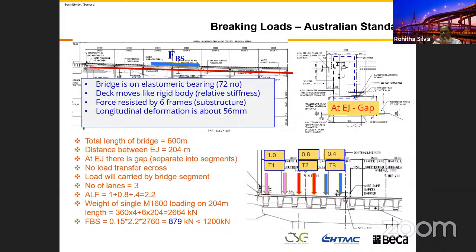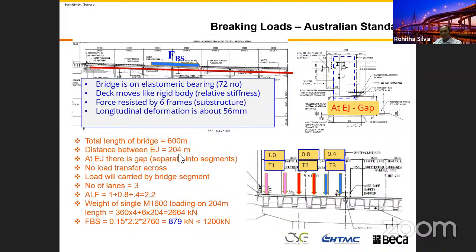If you brake any other place on the bridge, it's not going to go across the gap. Because of that, when we design for the braking, we need to consider not the total length of the bridge. We just consider the segment located between the expansion joints. The distance between the expansion joints of this bridge is 204.